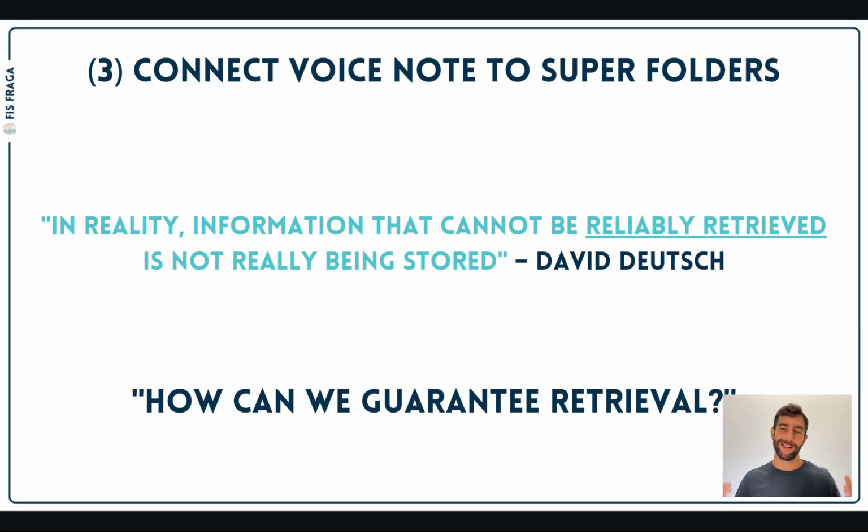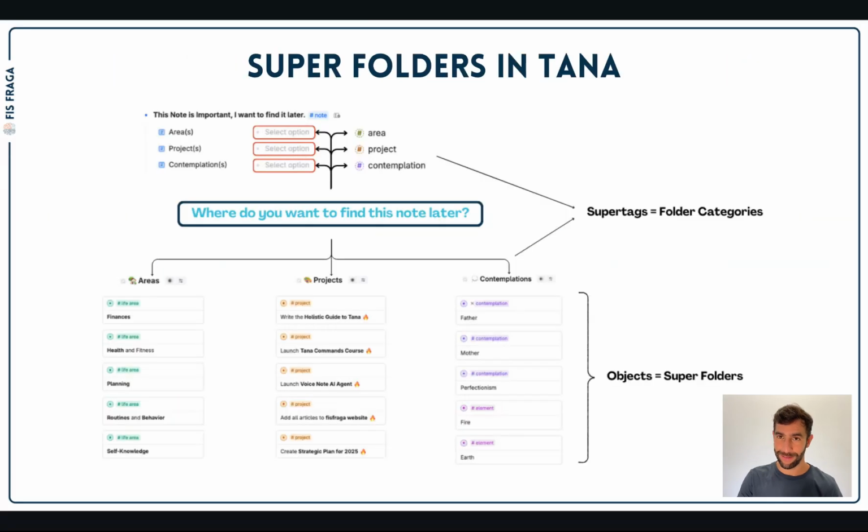Now, this begs the question, how can we guarantee reliable retrieval? And this is where the concept of superfolders comes into play. Let's take a look at this diagram for a second.